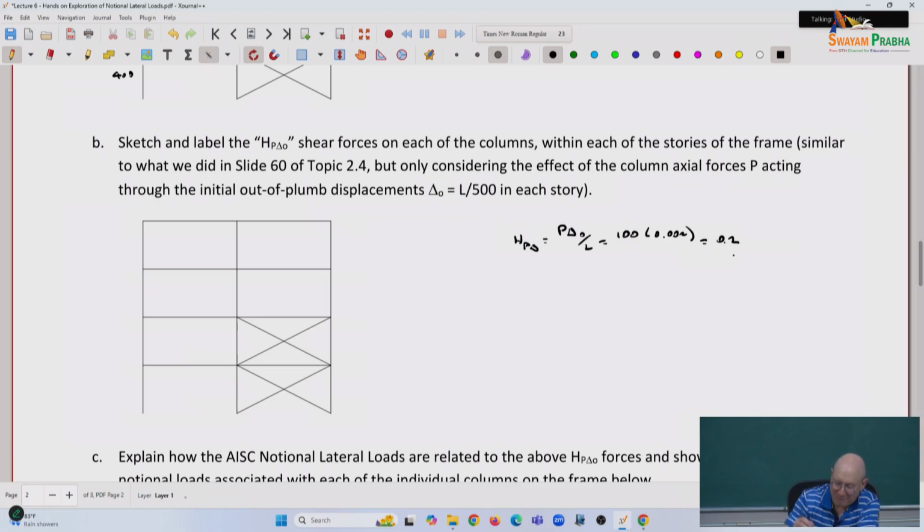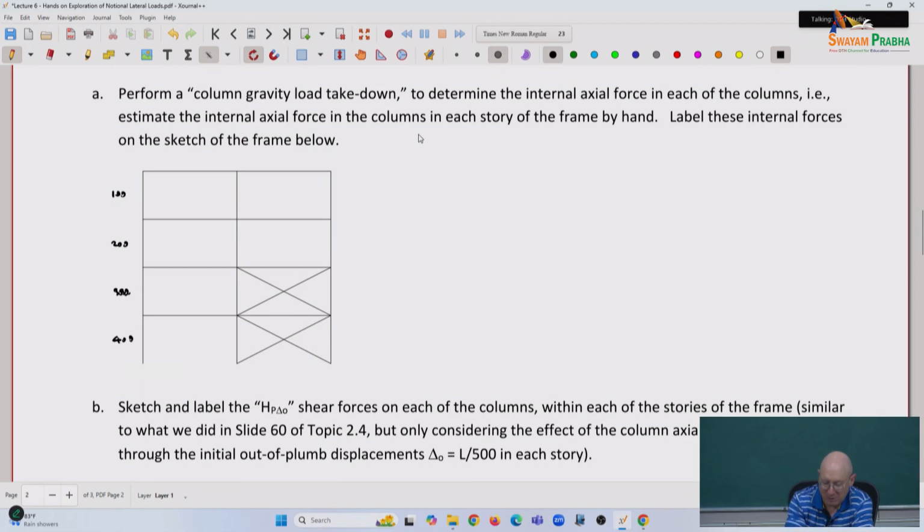And so in each of my columns, the P delta shears are all 0.2. It's like all the columns here. This is 100, this is 200, this is 300, this is 400. I'm just not labeling all the columns.